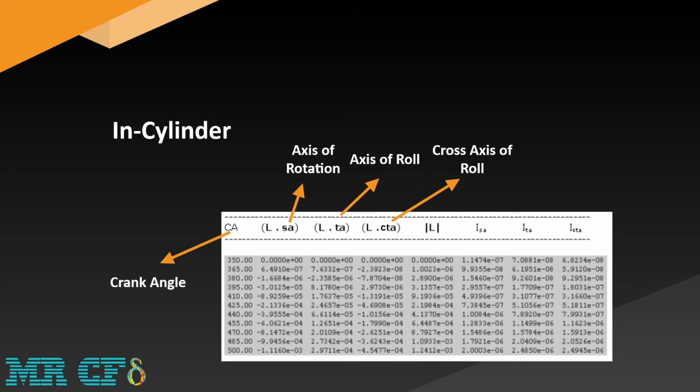These parameters are crank angle, which is known by Ca, the total mass of the fluid in the selected cell areas, the angular momentum vector of the fluid mass in the selected cell areas relative to the center of the rotation, which is shown by L, the size of the angular momentum of the fluid, axis of rotation or vector Sa, axis of roll, vector Ta, cross-axis of the roll, Cta, moment of inertia of the fluid mass around the axis of rotation, which is shown by Isa, moment of inertia of the fluid mass around the axis of roll, which is shown by Ita, and the moment of inertia of the fluid mass around the transverse rolling axis, or Icta.